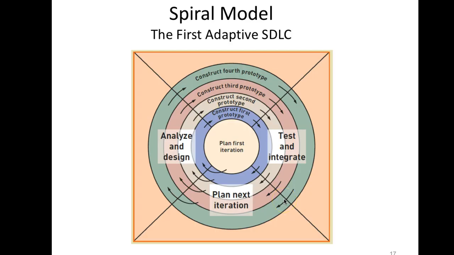This is the more adaptive approach to SDLC. The project is completed through iterations, one prototype at a time. So you do a lot of planning there at the core. Then you go to your first iteration, you do a little bit of analysis, a little bit of design, a little bit of implementation, and then you produce a working prototype. Depending on your approach, you may let users use that prototype.